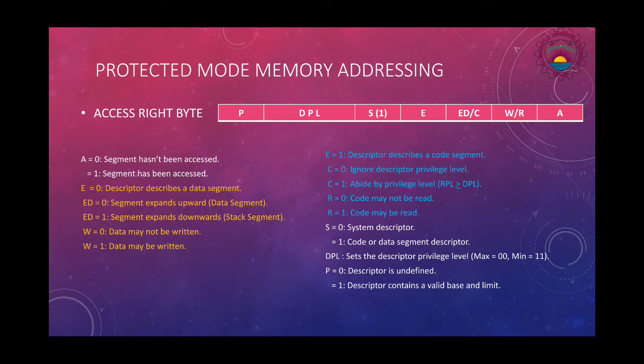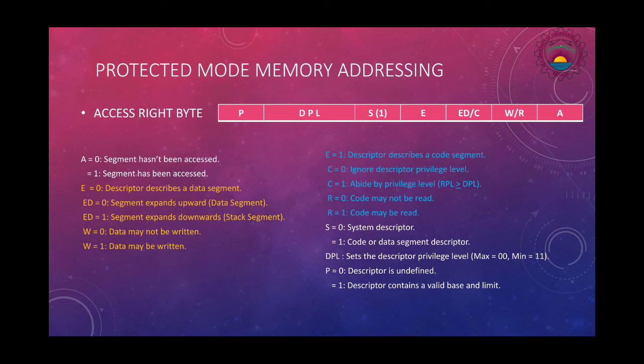Now the W bit: you may protect your data by placing W bit equal to 0. If W is 0, data may not be written into the segment by the user. If W is 1, data may be written into the data segment or stack segment, whichever you have mentioned.